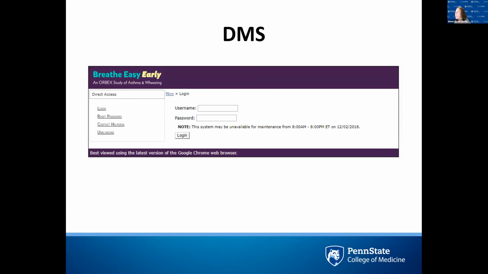So this is an example of a login screen for one of our asthma studies. And we have two versions of the DMS. One that we call DMS as a whole, and that one is set up to be Part 11 compliant for FDA.